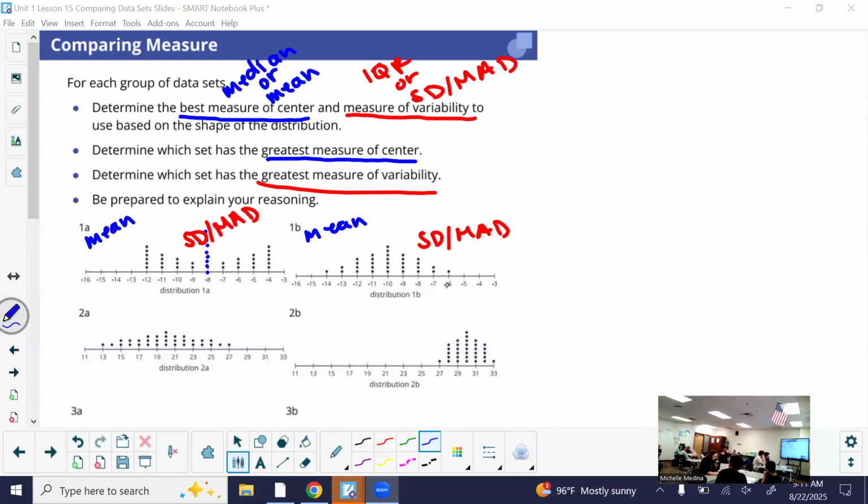Isaiah, for group 1, which one has the highest measure of center? Do you know what the measures of center are for both? Okay, you should be able to tell me the mean, because the mean for VDS is -10.